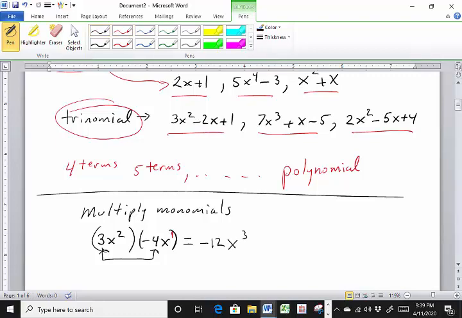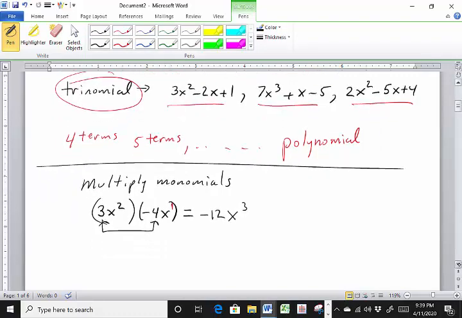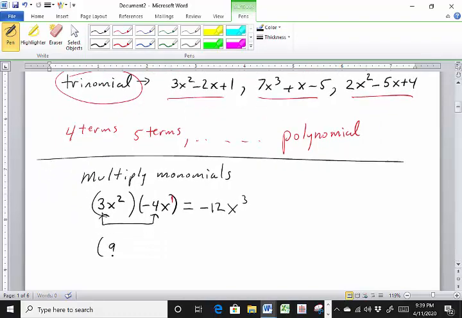How about this? 9x squared y to the 4th. Here's a multivariable monomial, and then 8x y to the 5th. Again, let's multiply the coefficients.